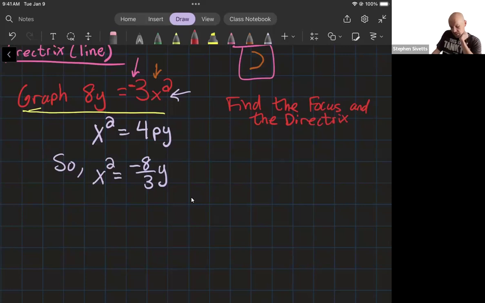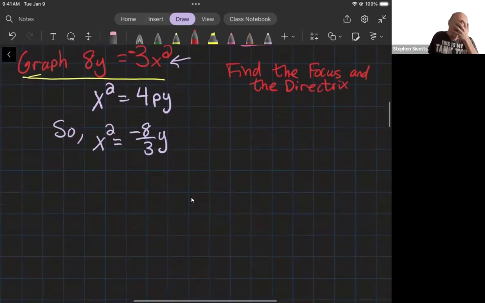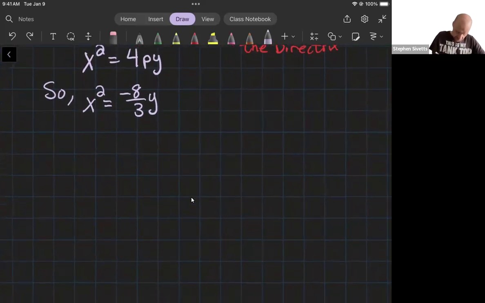All right. And then from here, we'll be able to draw out a rough sketch of this parabola here, right? So what we know is that it opens to the left and the x is squared, right? So the thing we want to look at is we want to solve for the p value, right?